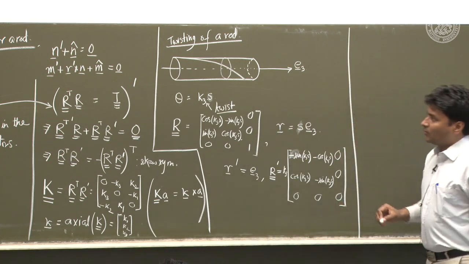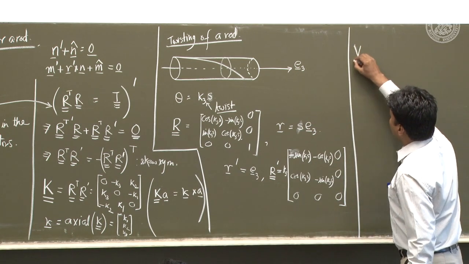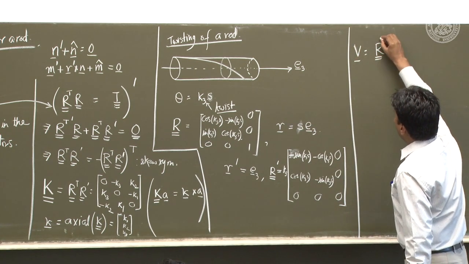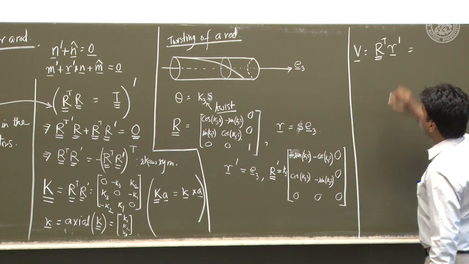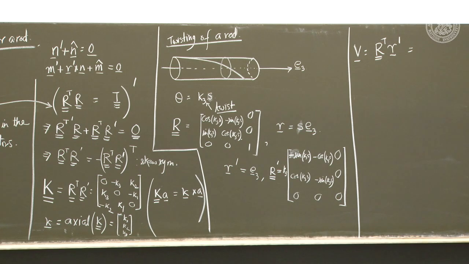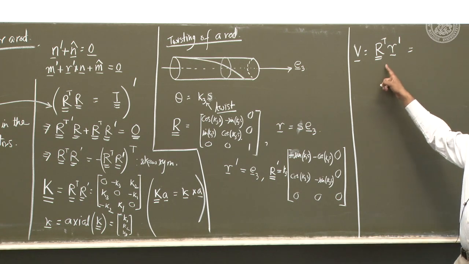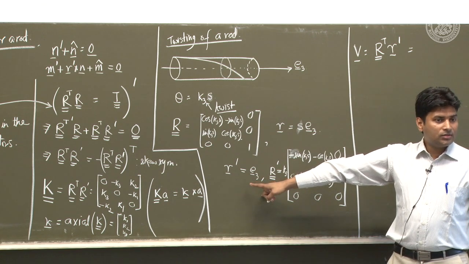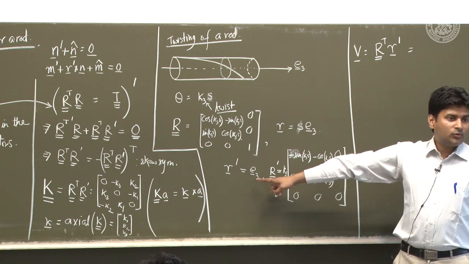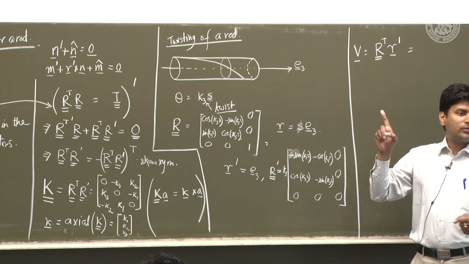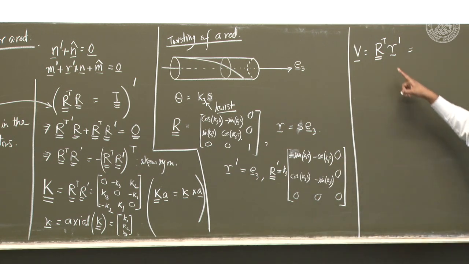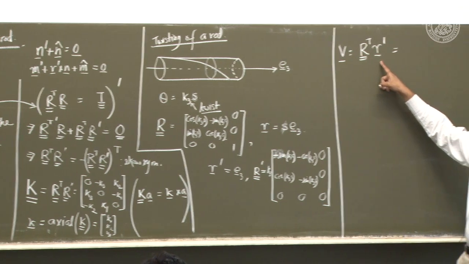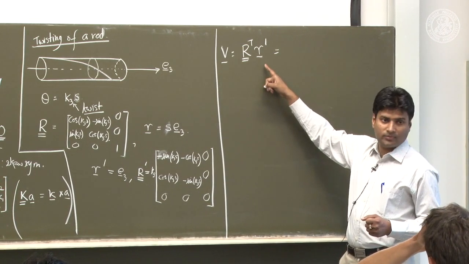Let us then look at what is my V. So, V is simply big R transpose little r prime. Now, big R is a rotation about E3 axis, and little r prime in this case is itself an E3. So, little r prime is pointing along the axis of big R. So, what will you get once you work out big R transpose little r prime?